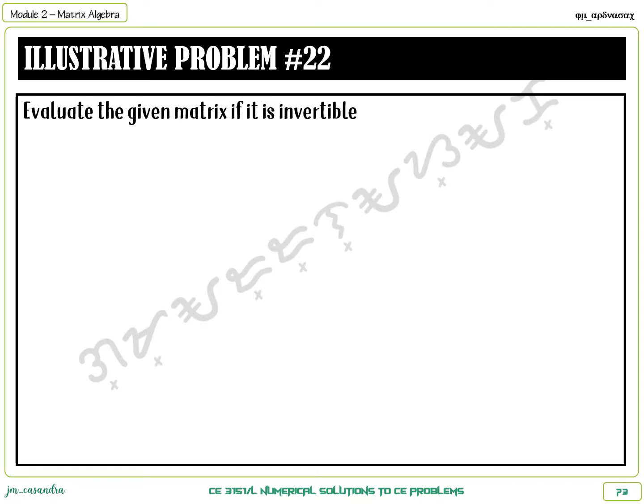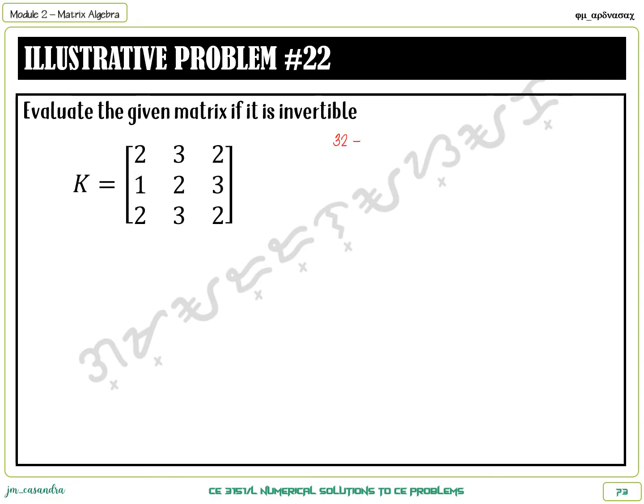To understand inverses, let us solve problem number 22. Evaluate the given matrices if they are invertible. We have matrix K, which is a 3 by 3 matrix. To determine if matrix K is invertible, we solve first for its determinant. That will be 2 times 2 times 2 plus 3 times 3 times 2 plus 2 times 1 times 3, which is equal to 32.